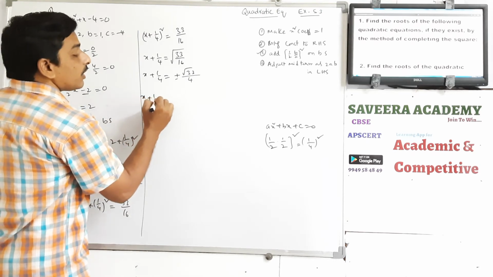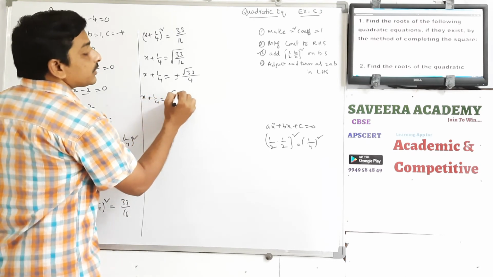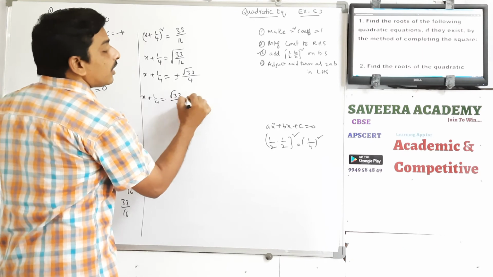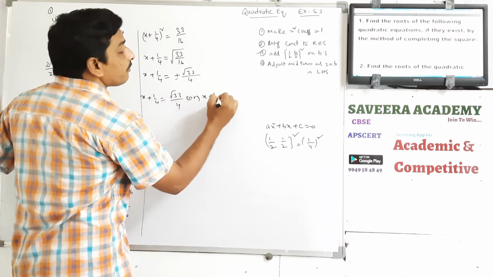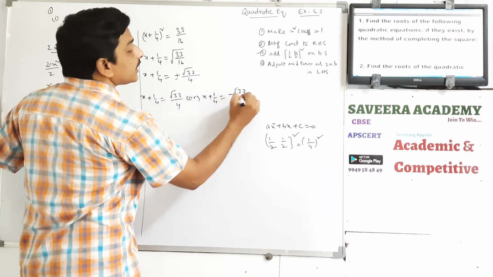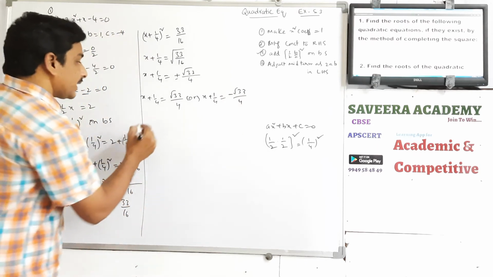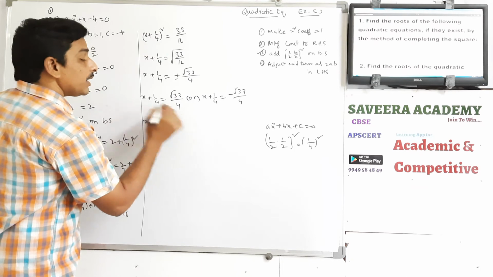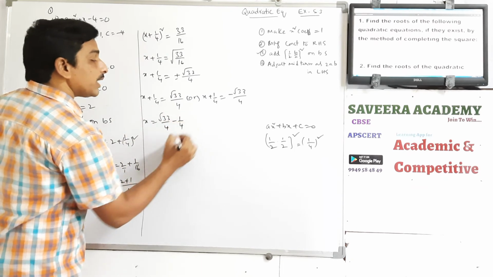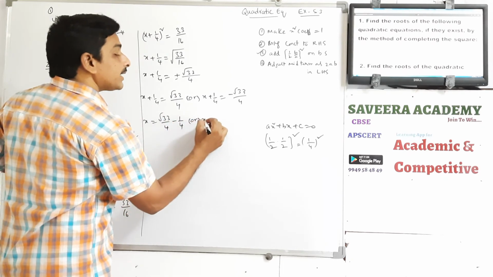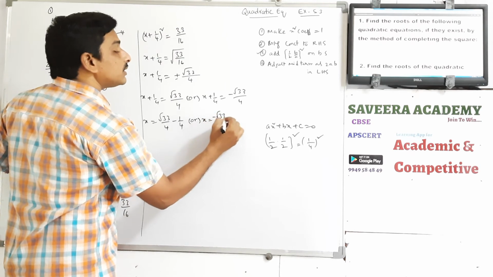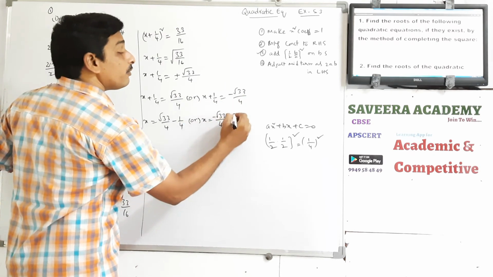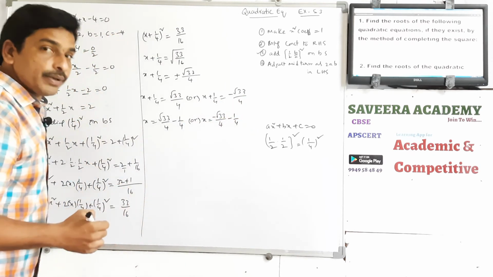Therefore x plus 1 by 4 is equal to plus root 33 by 4, or x plus 1 by 4 is equal to minus root 33 by 4. Now x is equal to root 33 by 4, and 1 by 4 on the right side becomes minus 1 by 4, or x is equal to minus root 33 by 4, and 1 by 4 on the right side becomes minus 1 by 4.